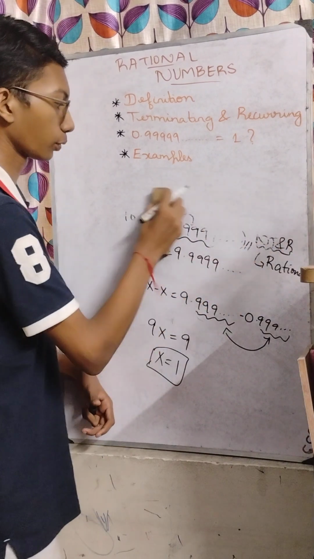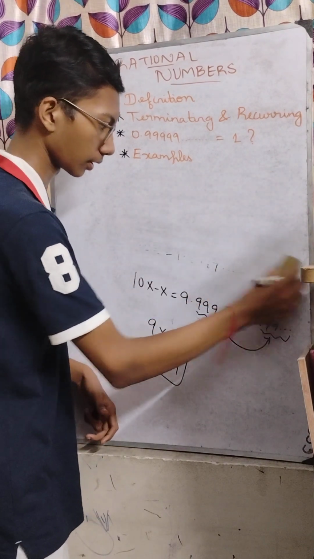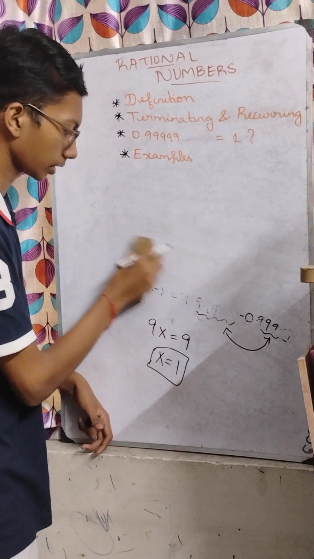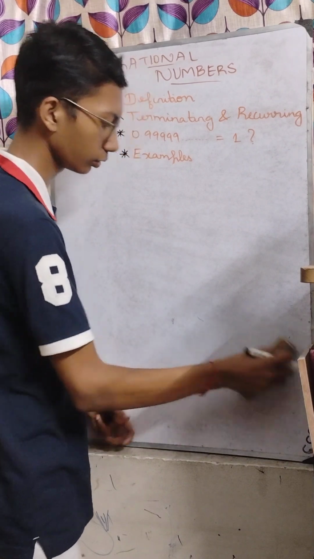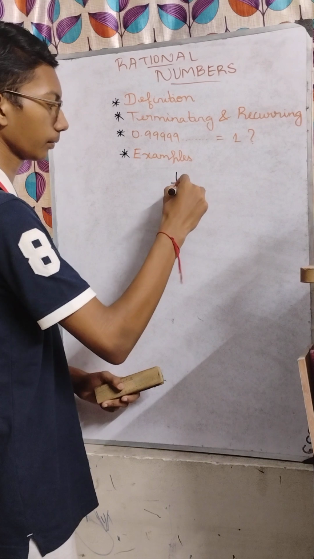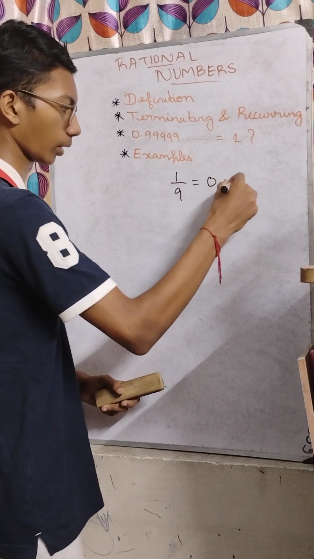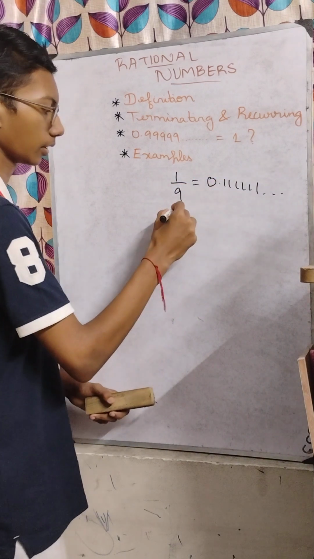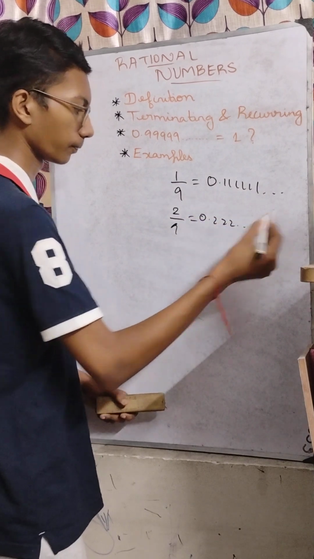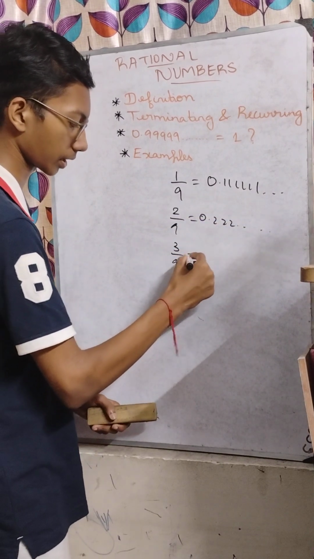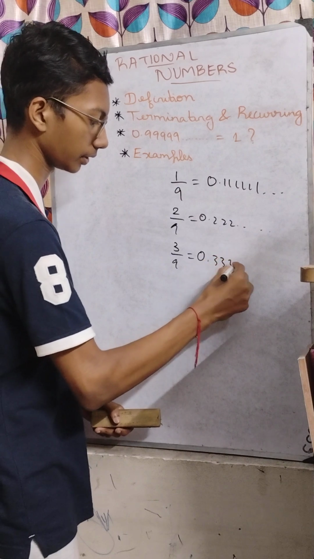This can also be proved by another method, which is somewhat simpler. The value of 1 by 9 is 0.11111 going to infinity. For 2 by 9 it is 0.22222. For 3 by 9 it is again 0.33333.